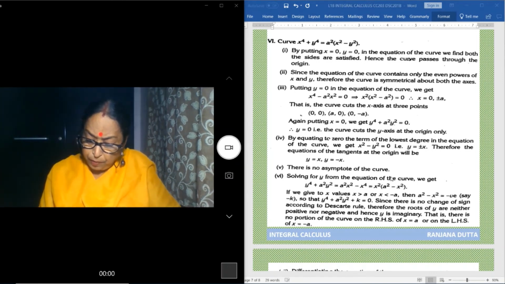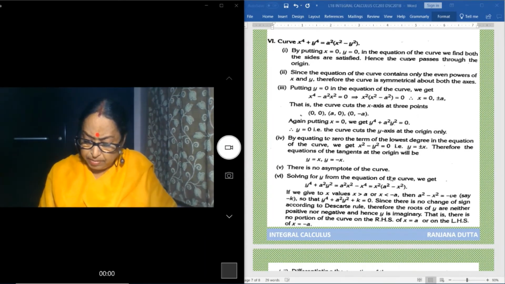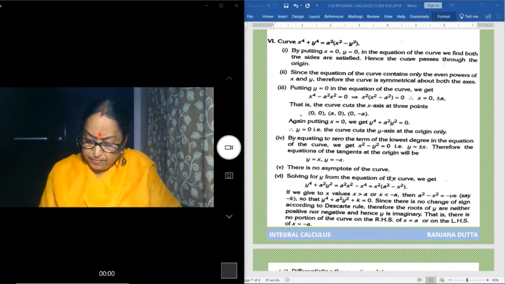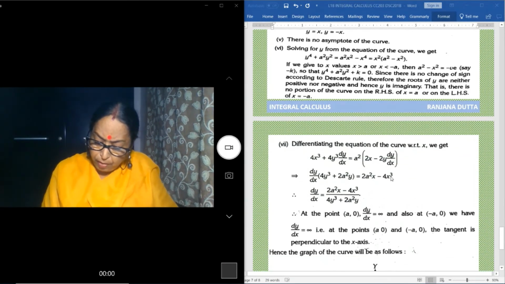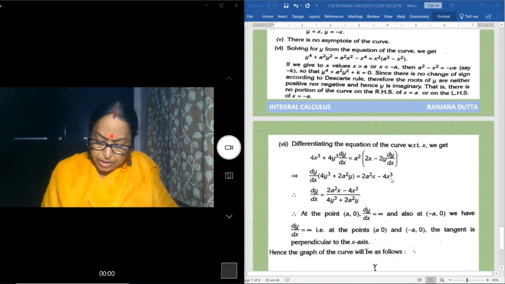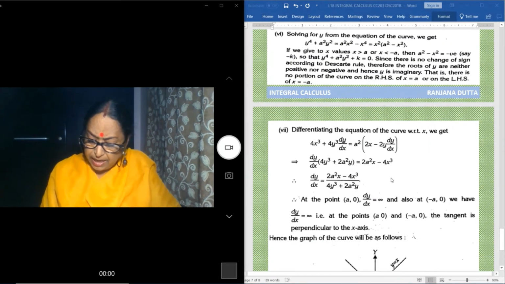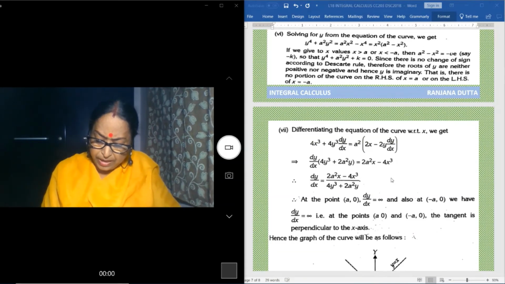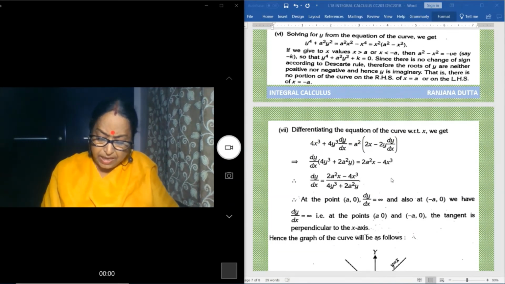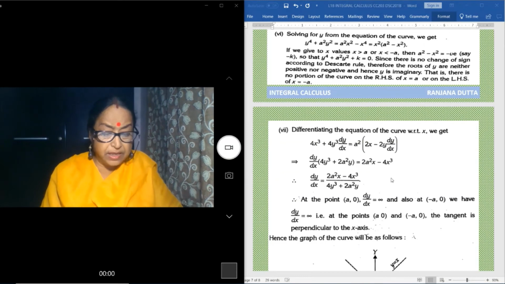Up to point 4 we usually did that much only, but in the sixth page, solving for y from the equation of the curve, we can say that y to the power 4 plus a square y square is equal to x square into a square minus x square.